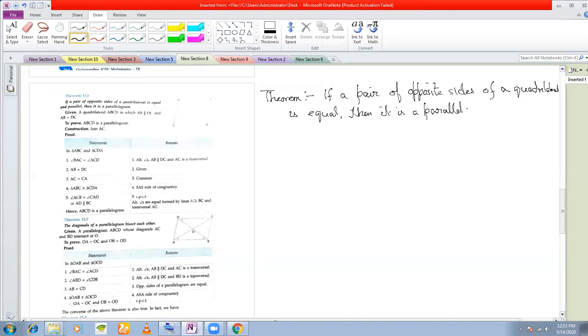That is, from the four sides of the quadrilateral, choose any two sides. It is given to you that these two sides are parallel and also they are equal. Then can you say that it is a parallelogram? According to this theorem, yes, you can say.